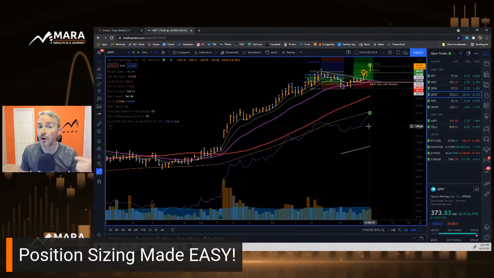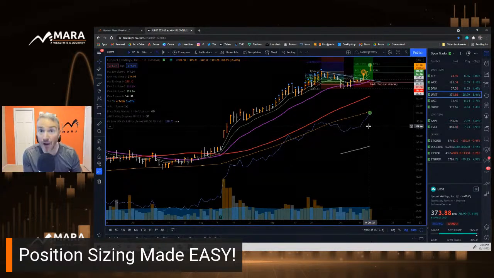Where are you going to get in? Where are you going to get out if you're wrong? The next thing you need to figure out is how much capital you want to risk on this particular trade. I like to think about it in percentages too. Regardless of whether you're trading with $10,000, $100,000, or $1 million, think about it as a percentage.